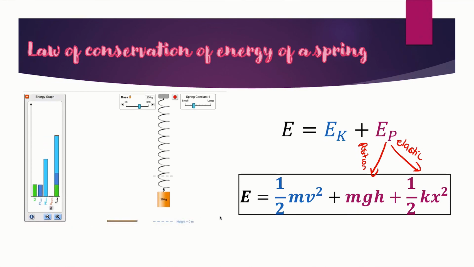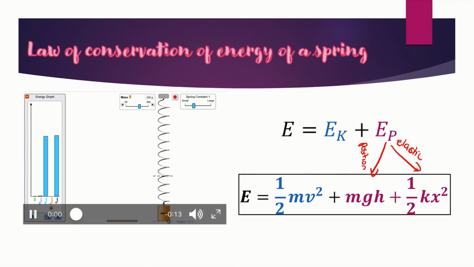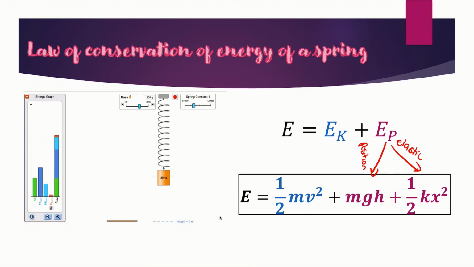Now look, as the spring is compressing, the potential energy increases. As the spring is stretching, the potential energy decreases. Look what is going to happen when it's stretching. The potential energy decreases and the kinetic starts to increase.